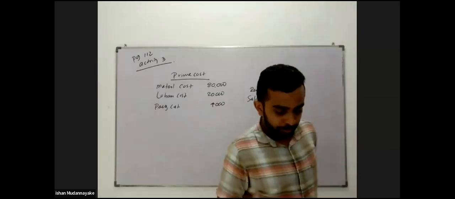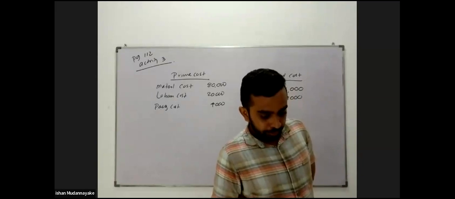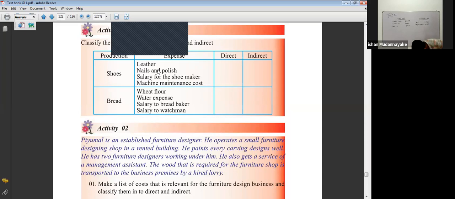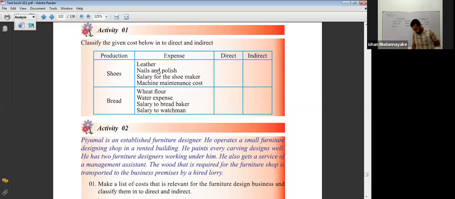In activity one, you can see in the shoe manufacturing business organization, nail and polish has been categorized under overhead cost, indirect material. Look at nail and polish in page number 116.